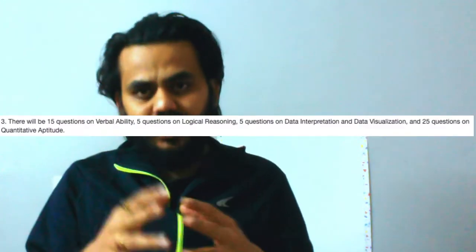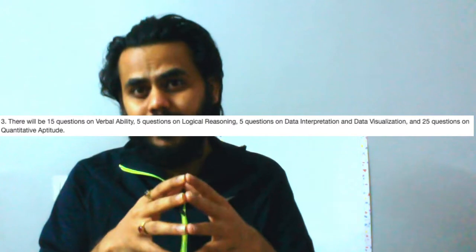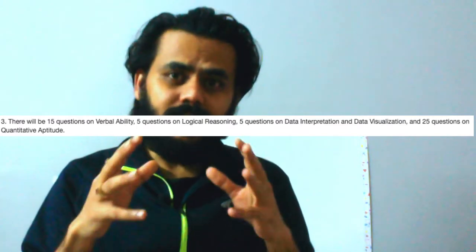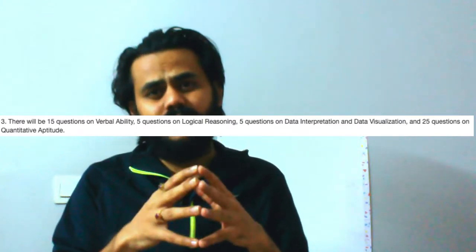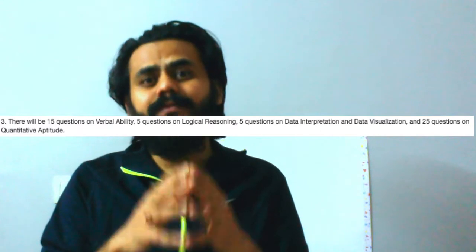If you look at the syllabus of the PGDBA entrance test, it has 50 questions, 3 hours, plus 3, minus 1, 0, which means 3 for a right answer, minus 1 for a wrong answer, and 0 for no response. 15 questions are for verbal ability, 5 for logical reasoning, and 5 for data interpretation and data visualization.